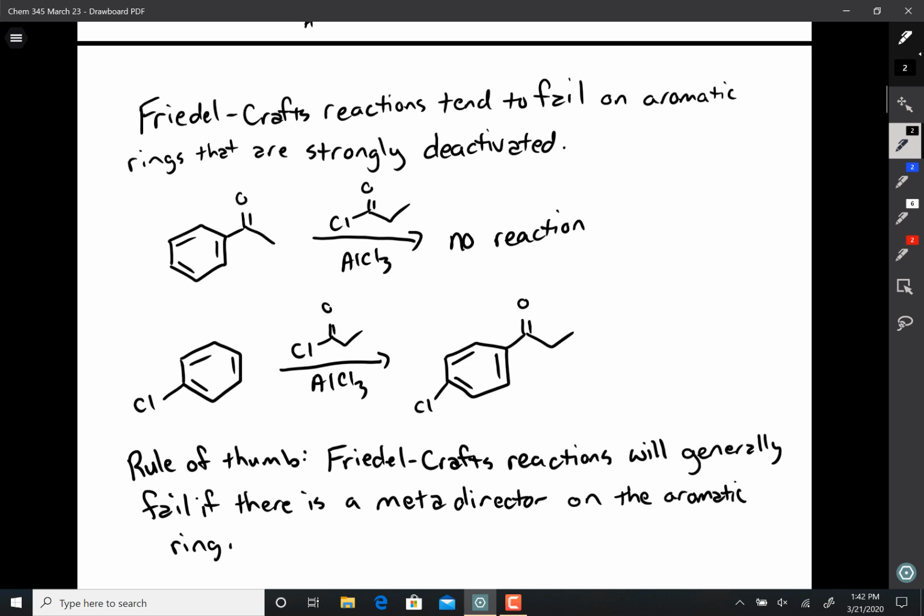And this is what the Friedel-Crafts reaction does. It puts a meta director onto an aromatic ring, meaning that multiple additions is unlikely.